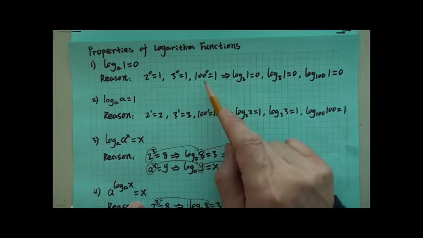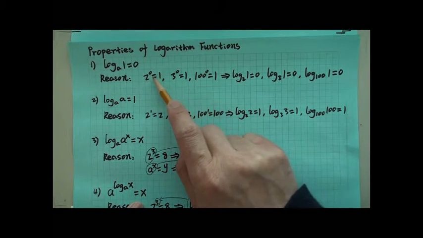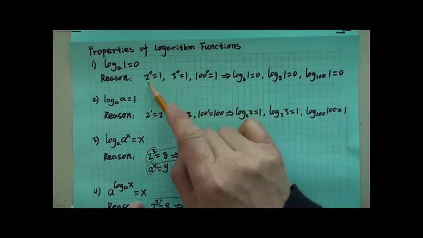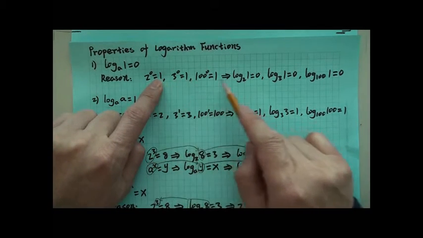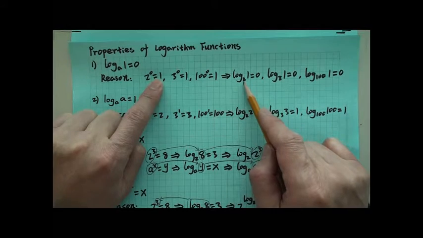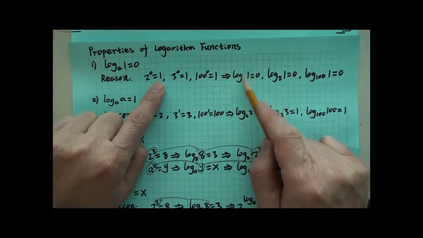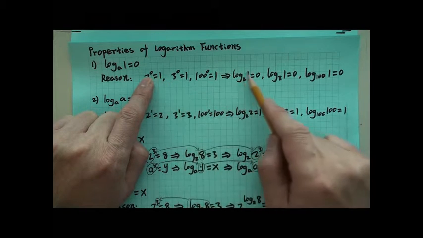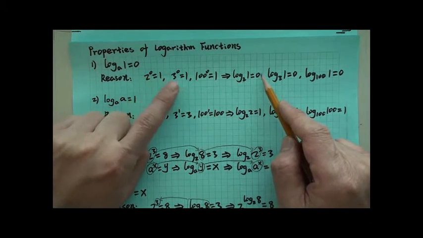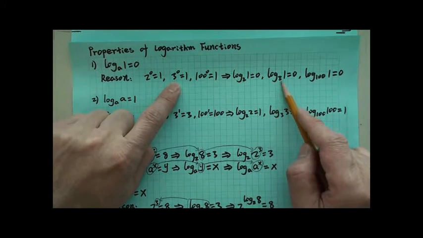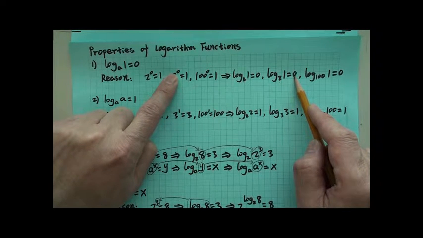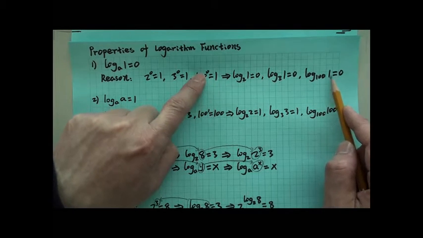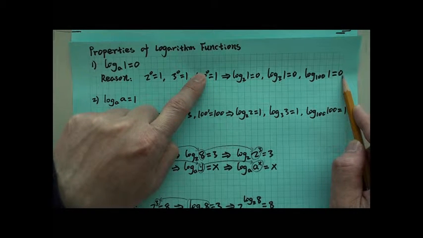Now, the logarithm is to find out the exponents. That's what we said. So then log base 2 to the 1 is to find out the exponent, which is 0. Log base 3 to the 1, the exponent is still 0. Log base 100 to the 1, exponent is still 0.